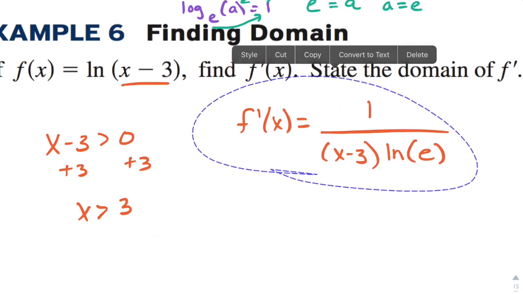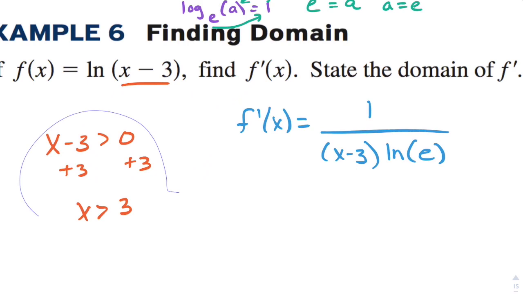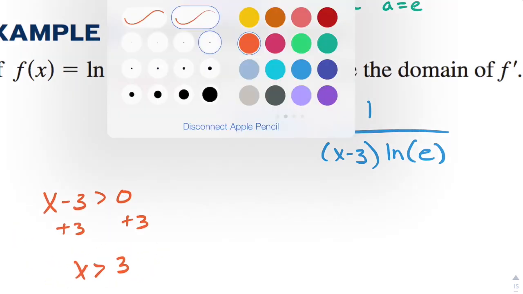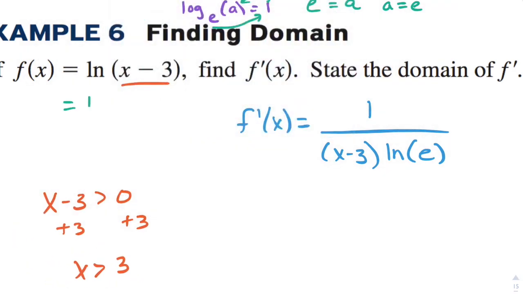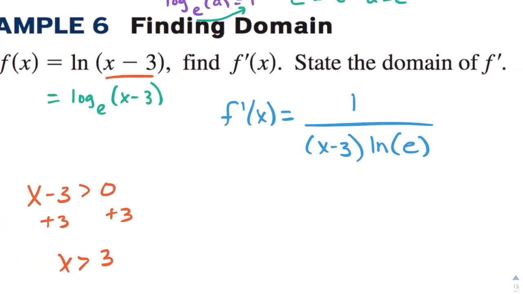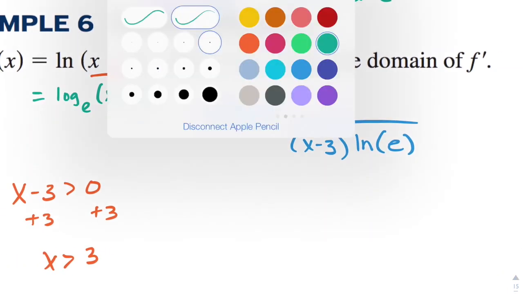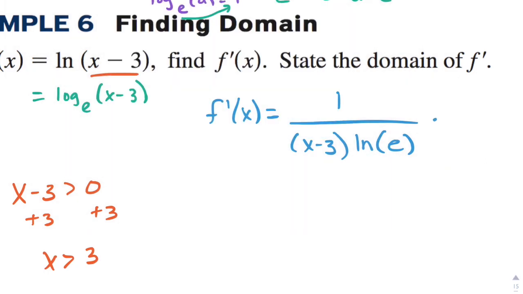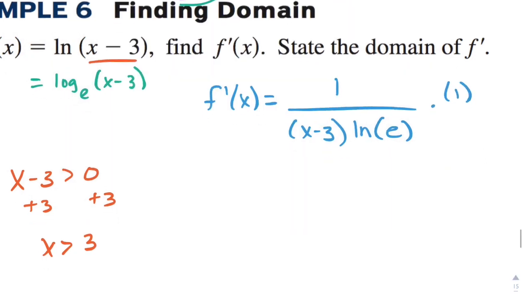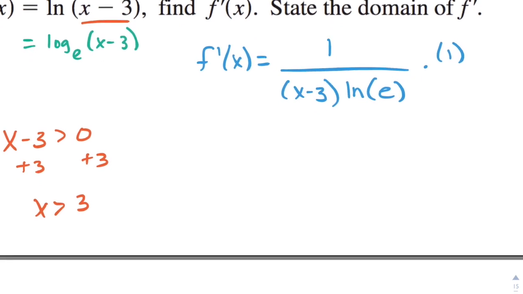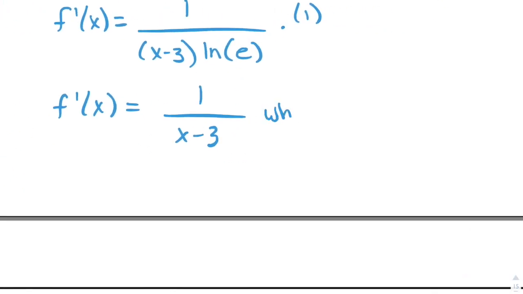Don't forget that this function is equivalent to log base e of x minus 3. So it's 1 over my function times ln of e times the derivative of my function, which is 1. So when simplified, I have the derivative is equal to 1 over x minus 3, where x is greater than 3.